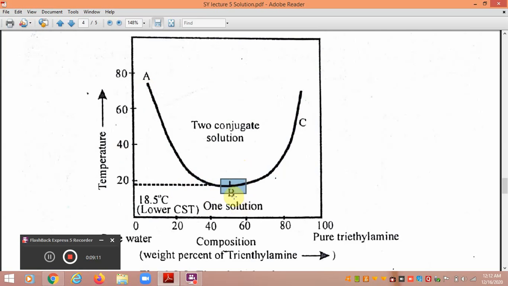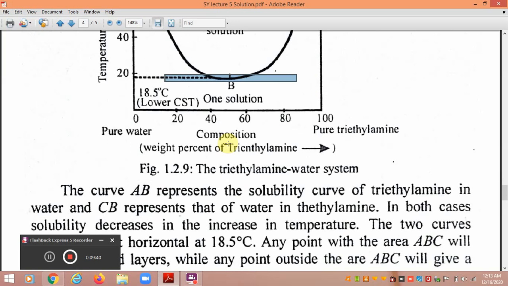At point B the two partially miscible liquids become completely miscible, and this is the lowest point of the curve. That's why it is called the lower critical solution temperature, which is equal to 18.5 degrees Celsius. So this is important. Above this curve there are definitely two conjugate solutions, and below this there is one solution. Below this line the system is homogeneous, and above this point the system is heterogeneous.